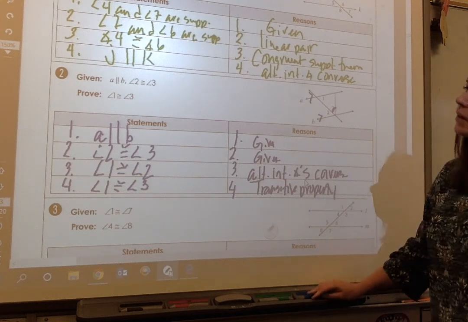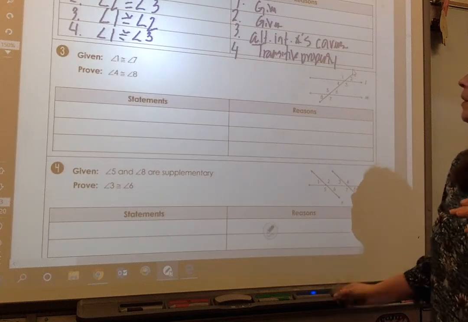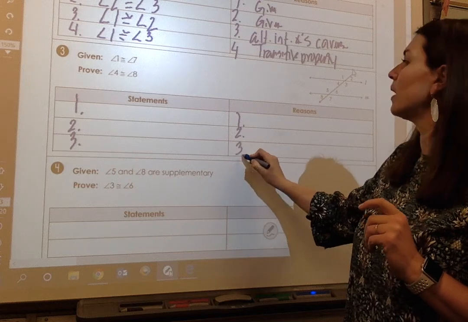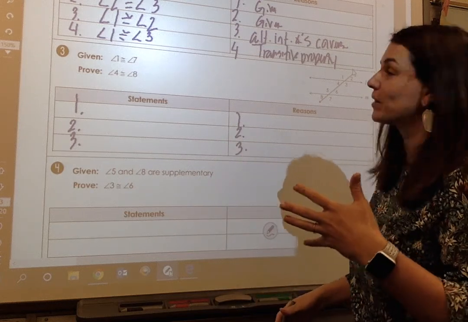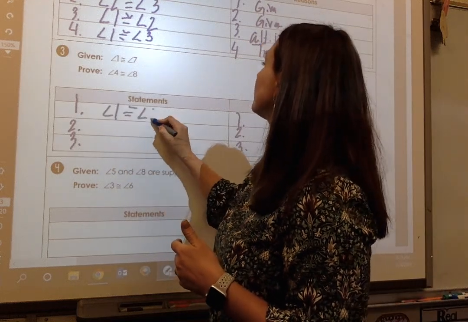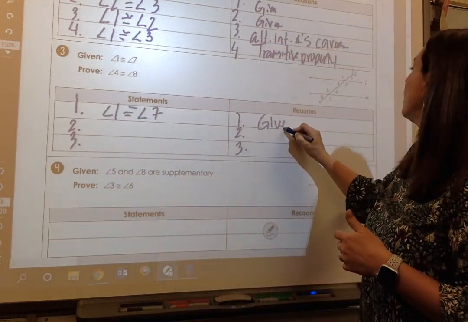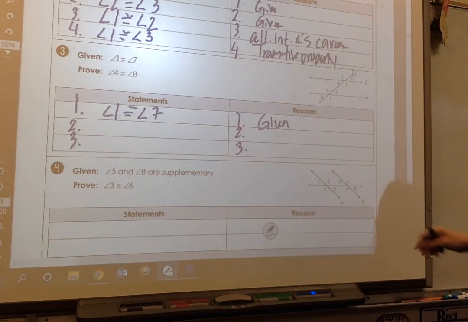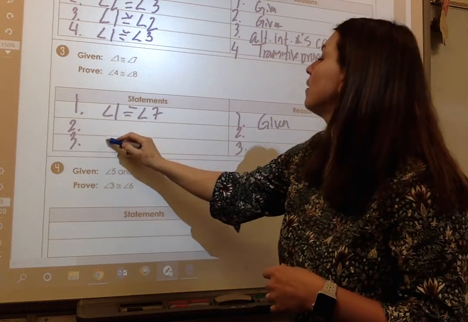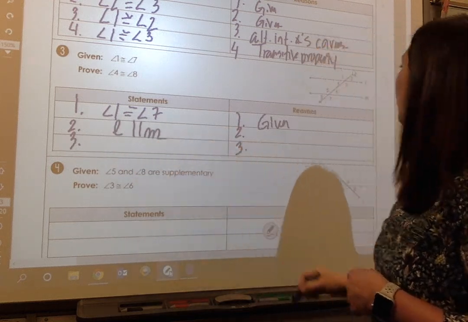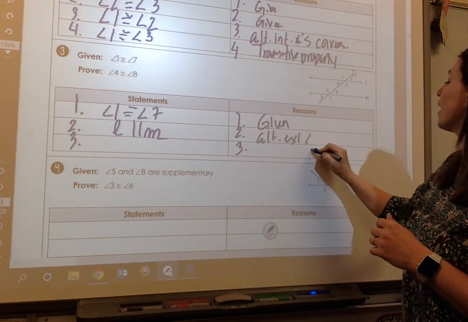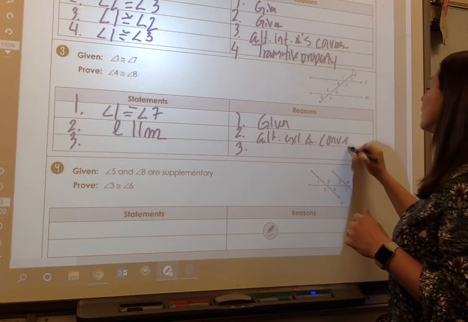Let's take a look at number 3. Again, 1, 2, 3. Hopefully you paused it and are coming back to look at the answers. So angle 1 is congruent to angle 7. That's my given statement. If angle 1 is congruent to angle 7, I can say that line L and line M are parallel, because of the alternate exterior angles converse.